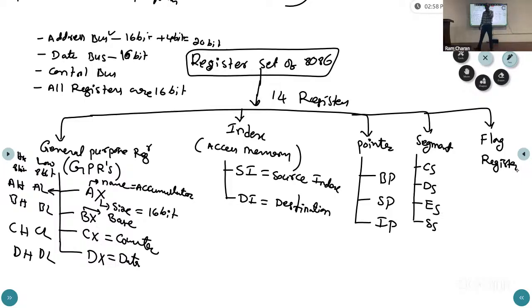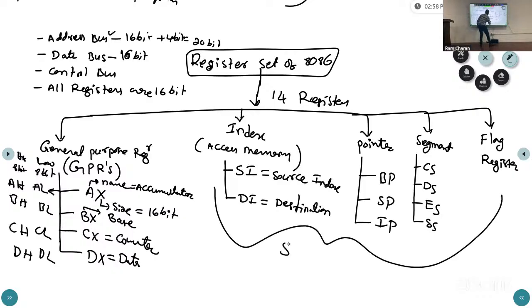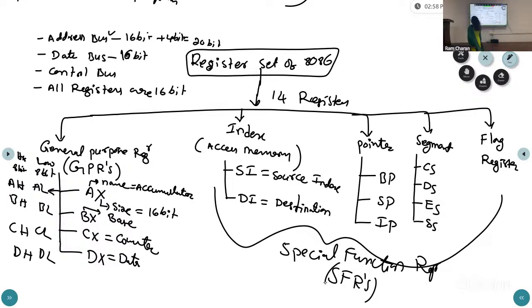Next one is the flag register. See, these are all registers: the index registers, pointer registers, flag register.